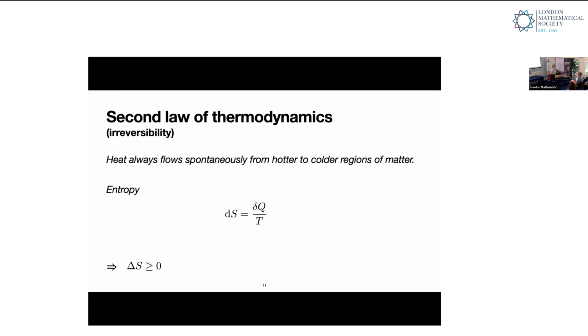So it also gives us this expression for the entropy. There's a function, the entropy, that quantifies how this exchange of heat takes place.